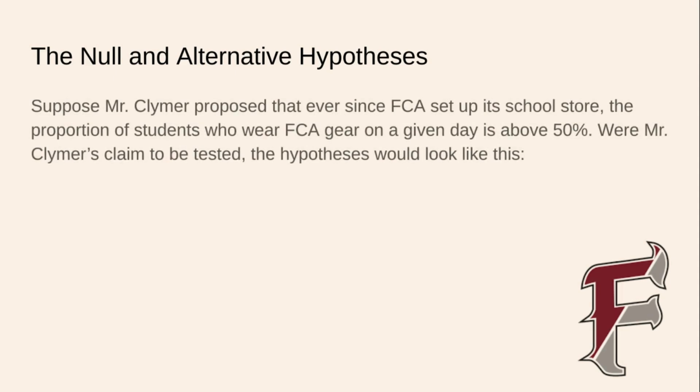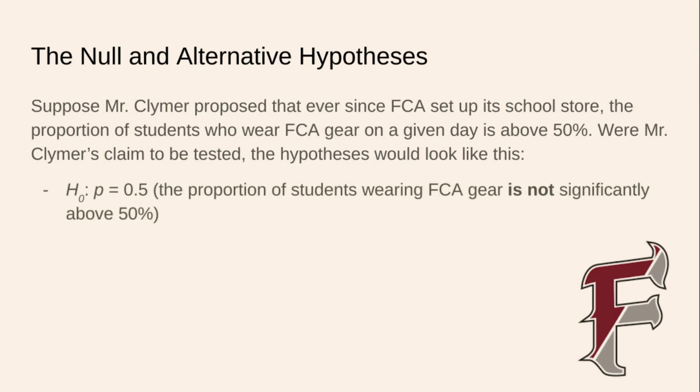Now we're going to suppose that Mr. Clymer proposed that ever since FCA set up a school store a couple years back, we did, the proportion of students who wear FCA gear on a given day is above 50%. Were Mr. Clymer's claim to be tested, the hypotheses would look like this. The null hypothesis is the proportion equals 50%. The proportion of students wearing FCA gear is not significantly above 50%.